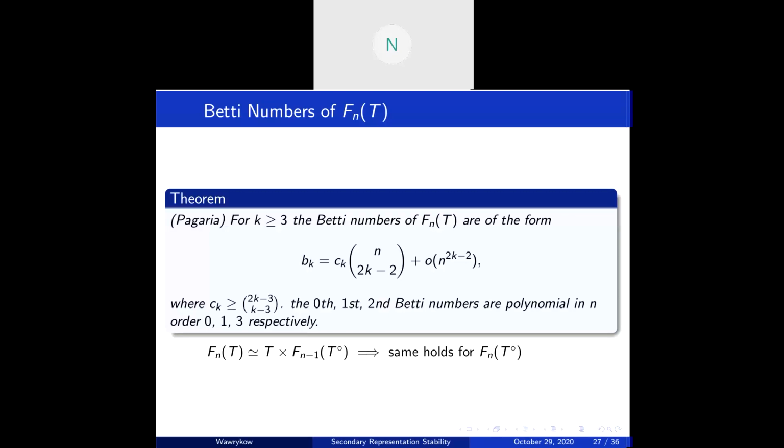And because the torus can be thought of as the group R mod Z squared, there's a way of looking at the ordered configuration space of n points on the torus and saying, well, that's really just a torus cross the ordered configuration space of n minus 1 points on the once-punctured torus.